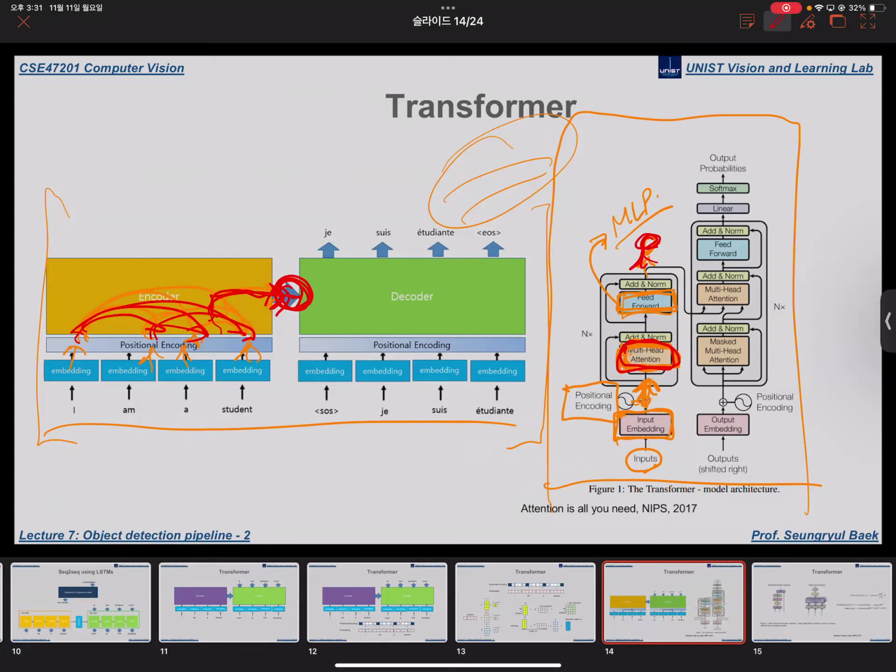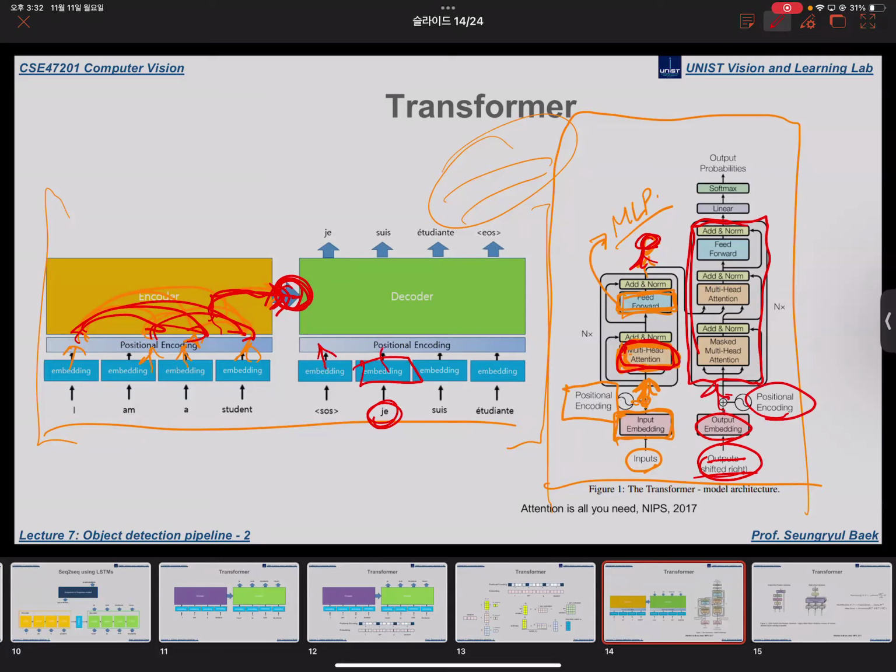And also here, this is the decoder. For the output, we also have to transform this into the embedding, and we also have to apply some positional encoding as well. So this part is actually the same as inputting the output.